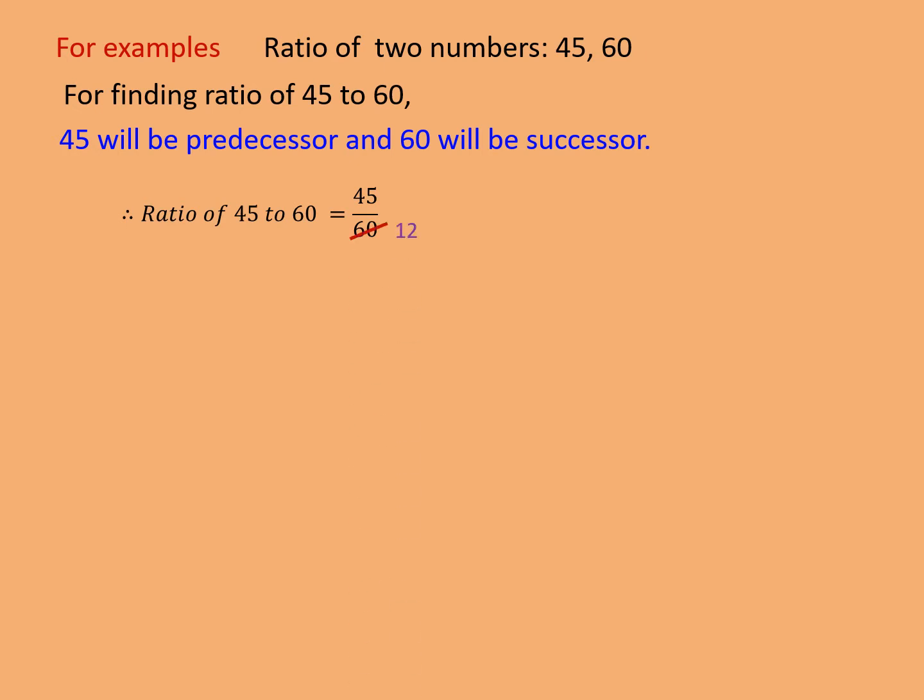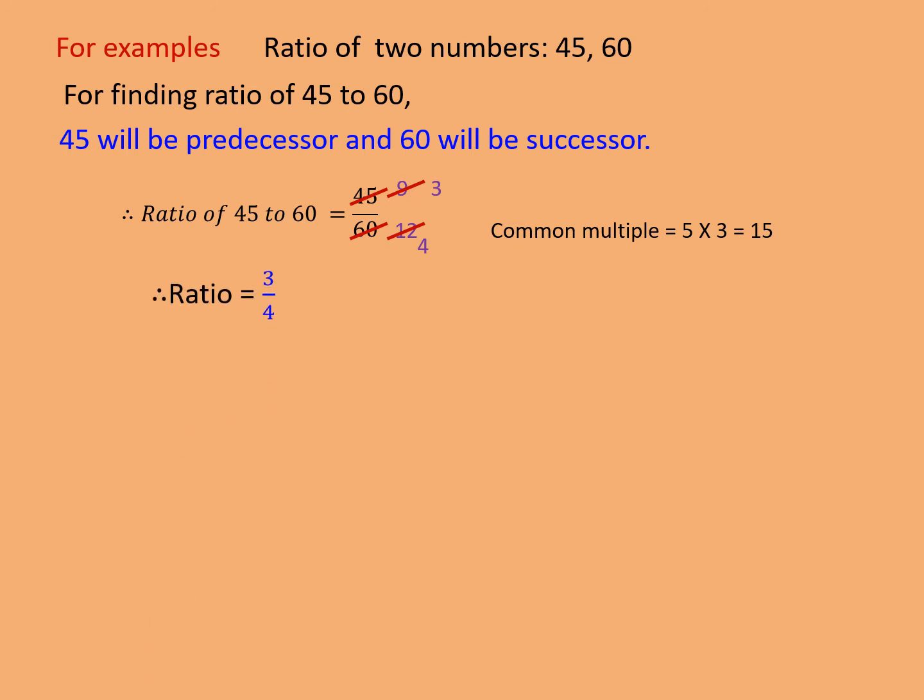So we can reduce it by removing the common multiples. 45 is 5 times 9 and 60 is 5 times 12, which can be further simplified: 45 is 3 times 15 and 60 is 4 times 15. So we have the common multiple as 15. If you divide both the numbers, predecessor and successor, by 15, again you will get 3:4.